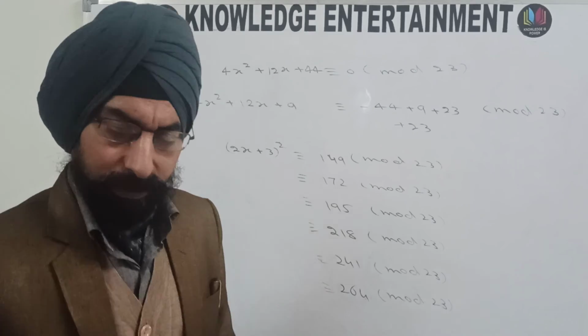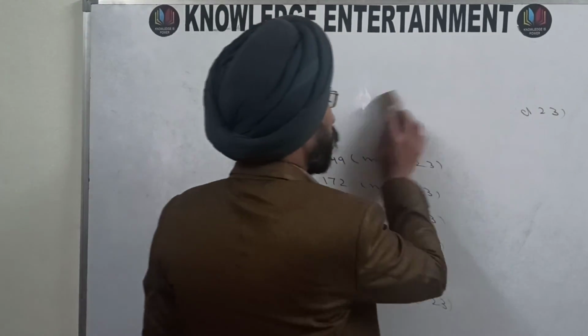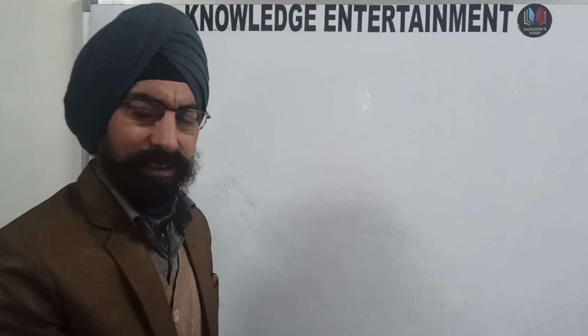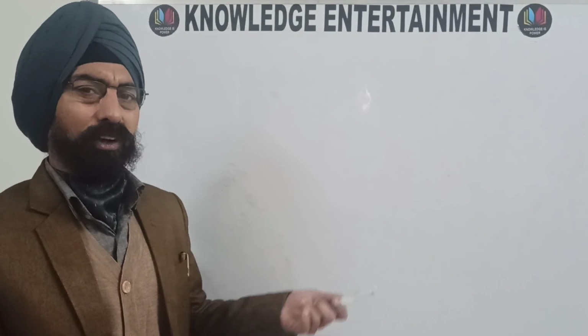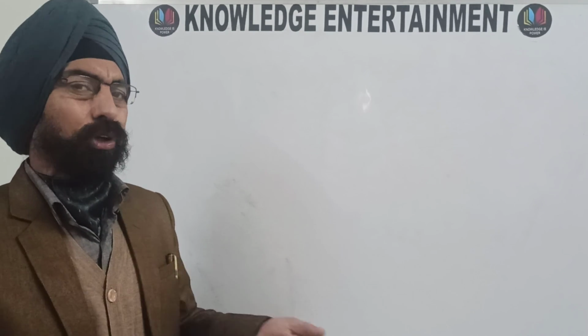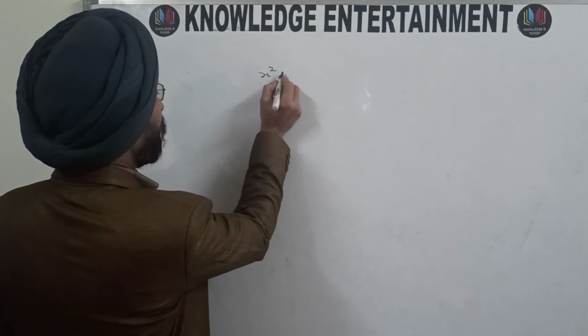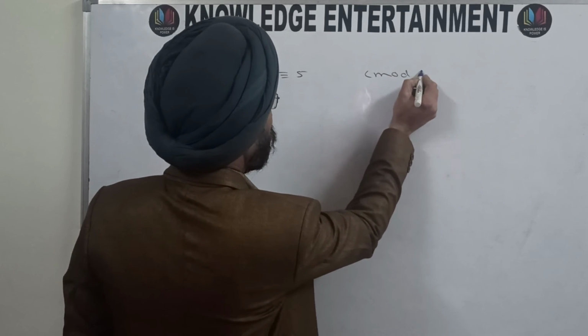So you can have some other example where the congruence equation may have a solution. If there is some calculation mistake made by me, I apologize for that, and you can solve it on your own. Consider another equation. Suppose x square is congruent to 5 modulo 29.